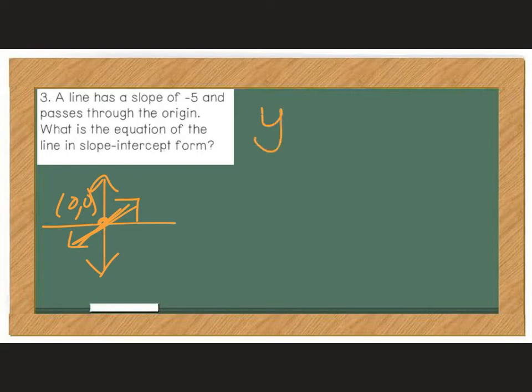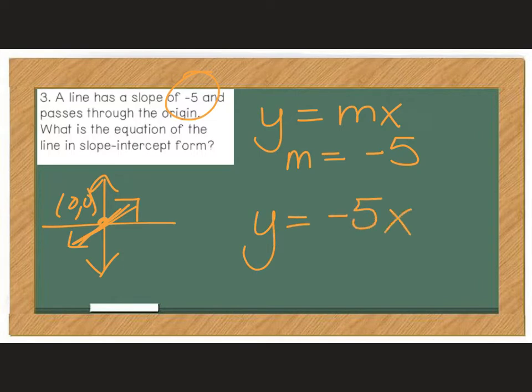So in this case, we're only going to have y equals mx. That means we only need an m, which is given to us. That is -5. This is a special situation, so y equals -5x. Technically, there would be a plus 0 because the intercept is at 0, but we don't write plus 0 because that doesn't change the value of anything.